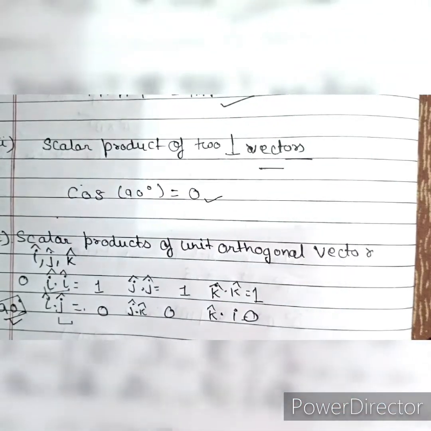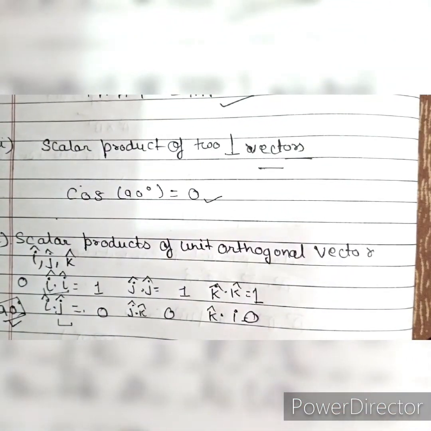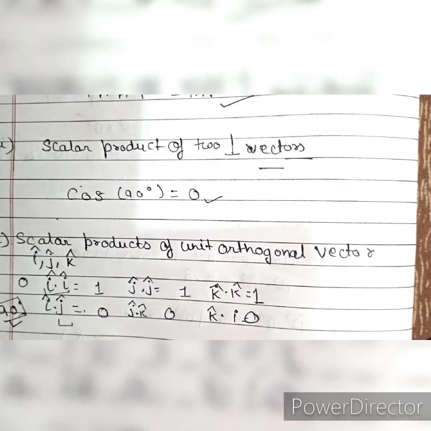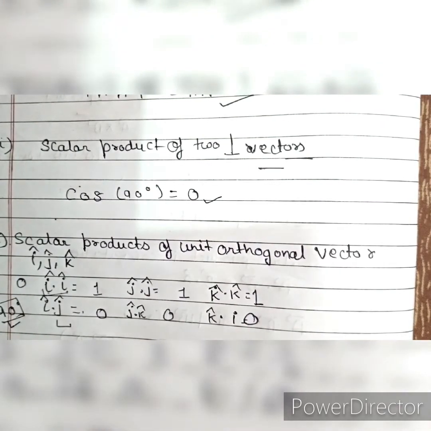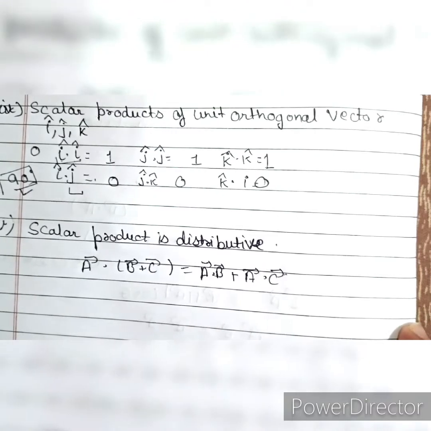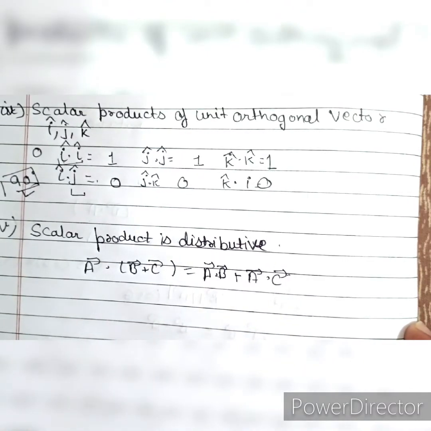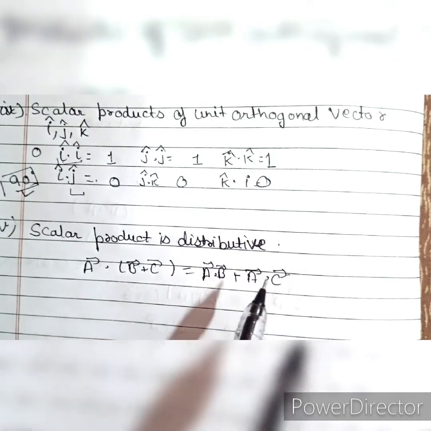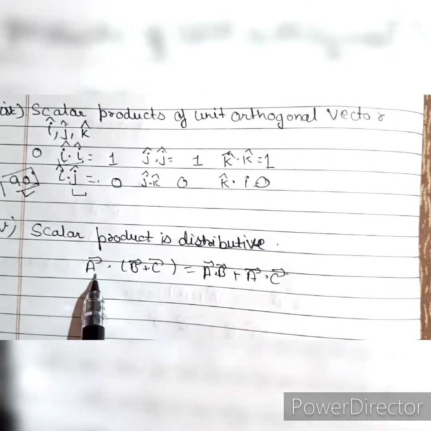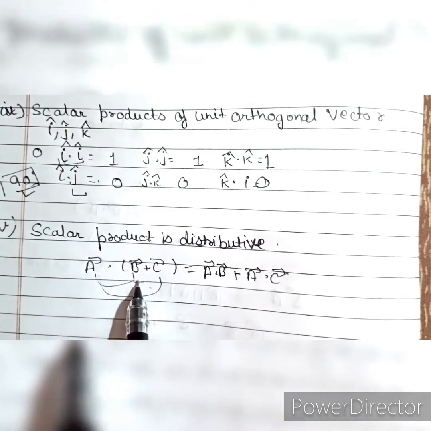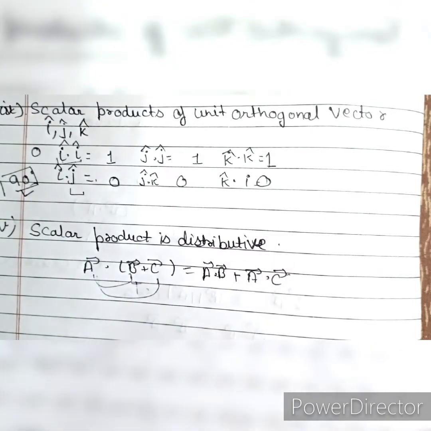So i dot i is equal to 1 and i dot j is equal to 0. The fifth property is that the scalar product is distributive over addition, which can be written as A dot (B plus C) is equal to A dot B plus A dot C.